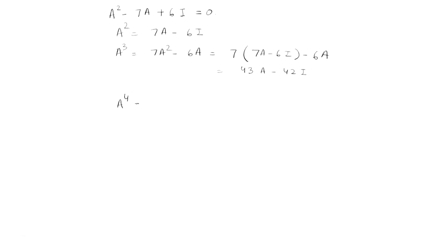So, it is A raised to power 4, 43A square minus 42A. So, 43A square is again 7A minus 6I from this expression, minus 42A. You can simplify this, and again you can multiply by A both the sides, and substitute A square from this expression, and finally A raised to power 6.